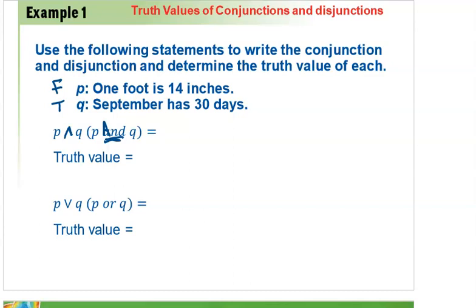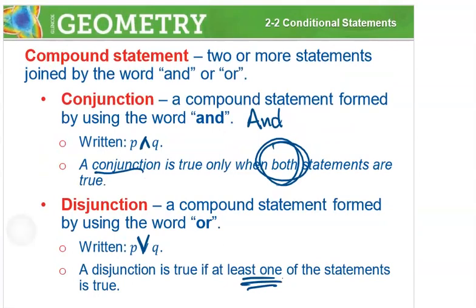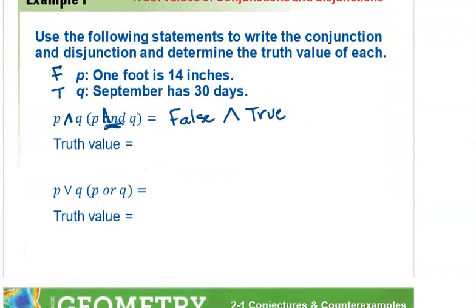So what I'm going to do with this is I'm going to change the P to an F. This is false. And that goes with the true in a conjunction with the and. So there's our word again, conjunction. And so both of these have to be true, so the truth value of this is that it's false, because both have to be true.